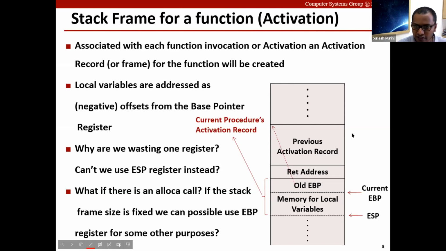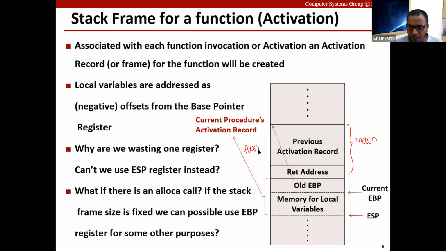Let's say main called a function fun. So this is the activation record associated with main, and this is the activation record associated with fun.